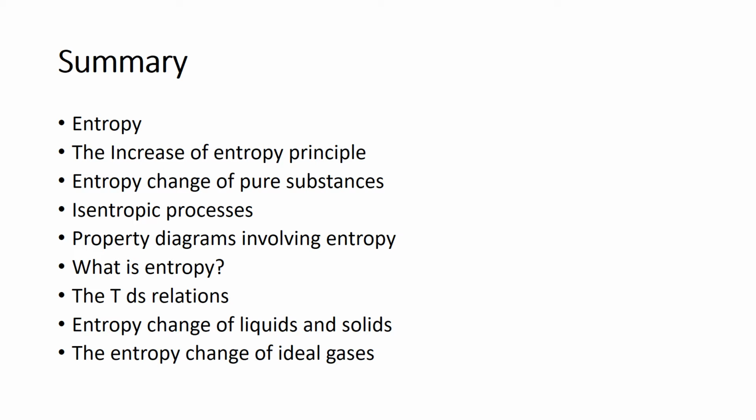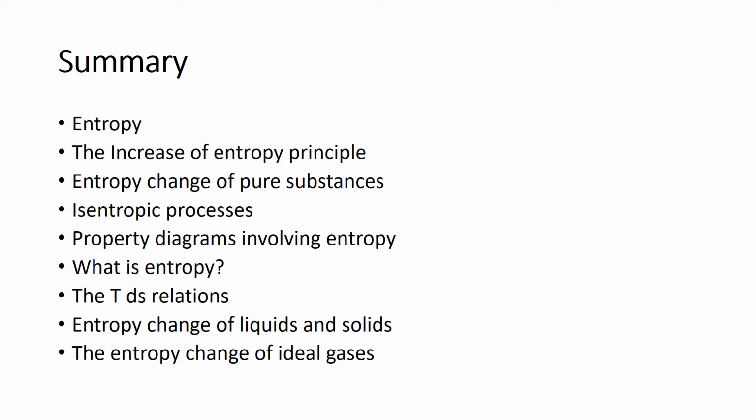Before starting with entropy, you have gone through something called Clausius inequality. From Clausius inequality, you came up with two important things. One was when the cyclic integral of del q by T is equal to 0, then your process is a reversible process.